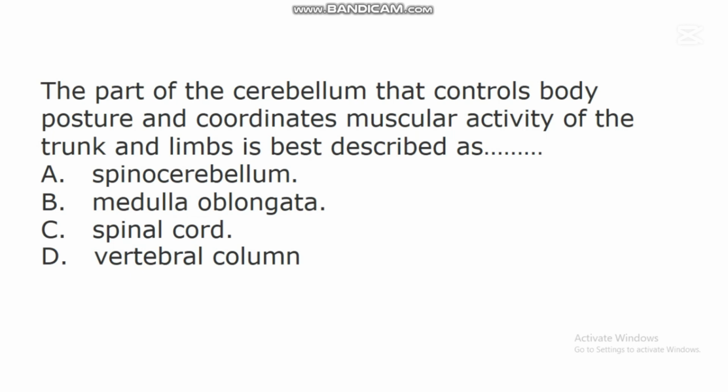D. Vertebral column. In this question, the correct answer is A. Spinocerebellum. Spinocerebellum is the part of cerebellum that controls body posture, and it also coordinates muscular activity of the trunk and limbs.